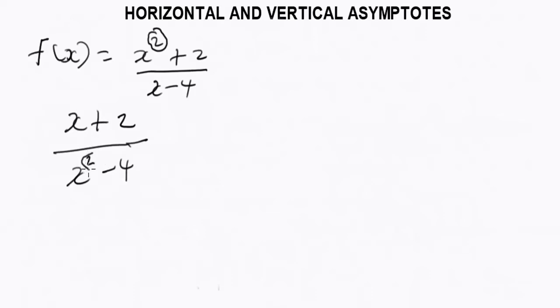The highest power of the denominator is 2, that of the numerator is 1. Using the principle of limit at infinity, when the denominator's power is higher than the numerator's power, the limit of that function is 0. So the answer to this question will be 0. The horizontal asymptote of this function will be 0.